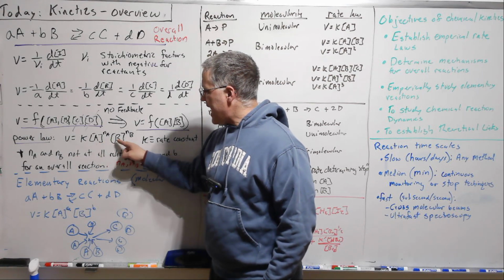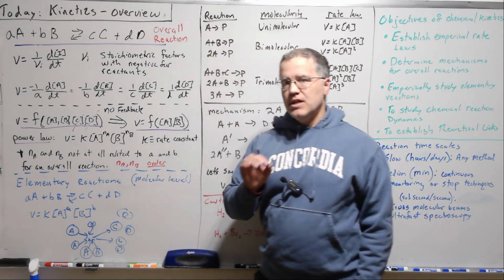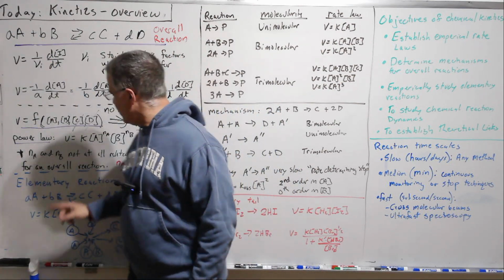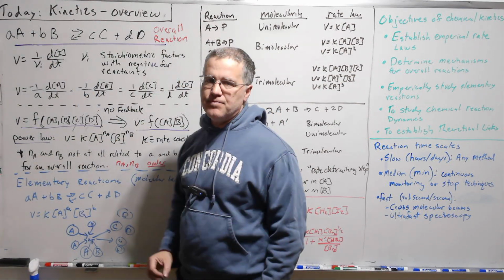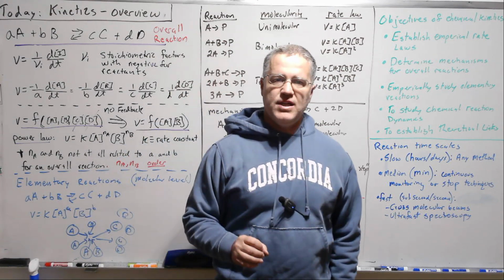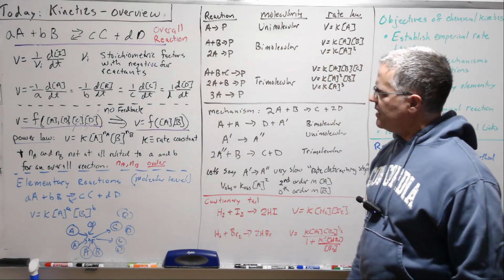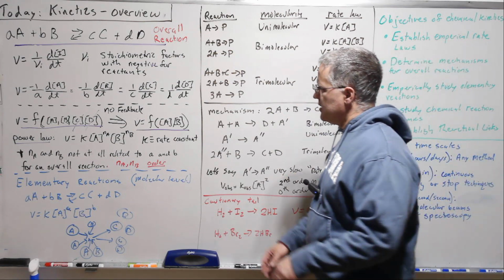Then reactants raised to some power. Very important here: this is not the stoichiometry. So n sub a and n sub b are not little a and little b here. They could be quite different than little a and little b.